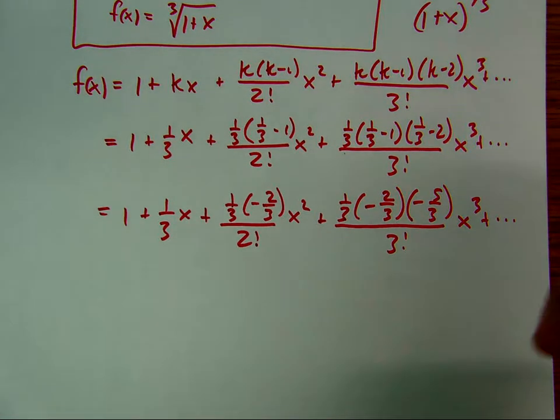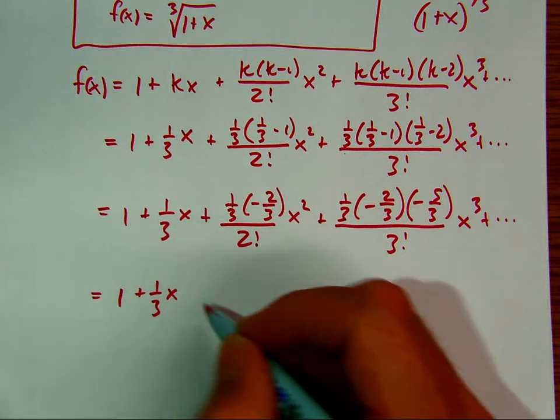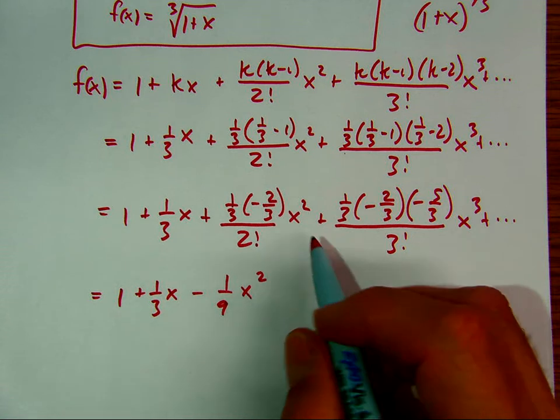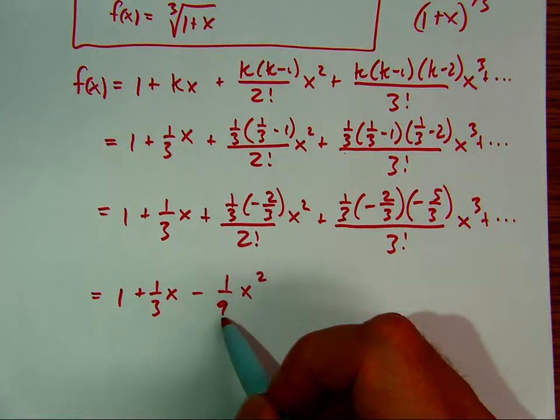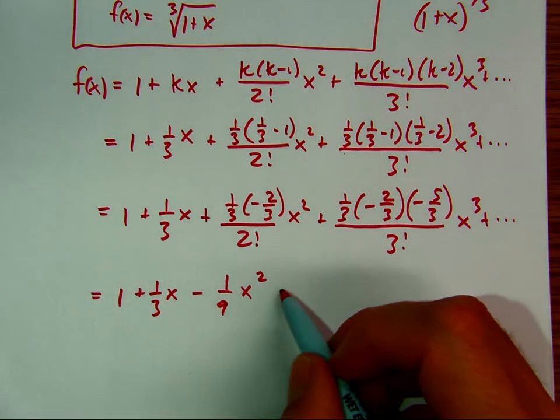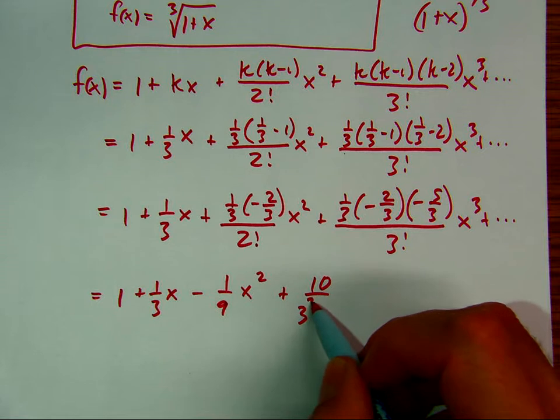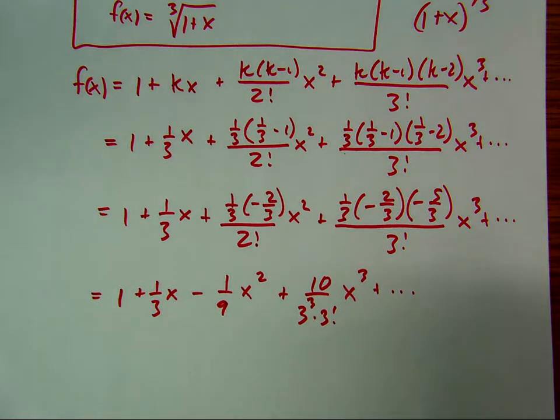And if we simplify it, so this will be a negative 2/9 divided by 2, and we get 1/9. And here we'll just have 10/3 cubed, 3 factorial x cubed. And it goes on.